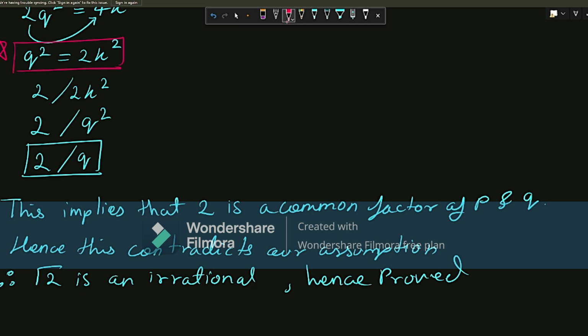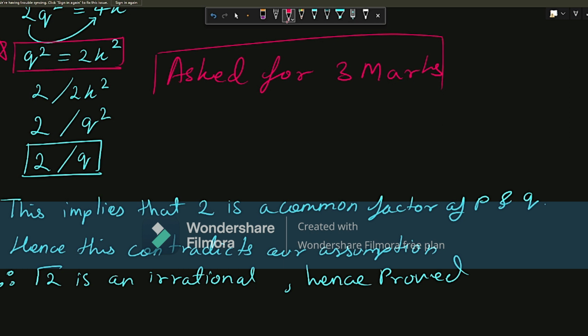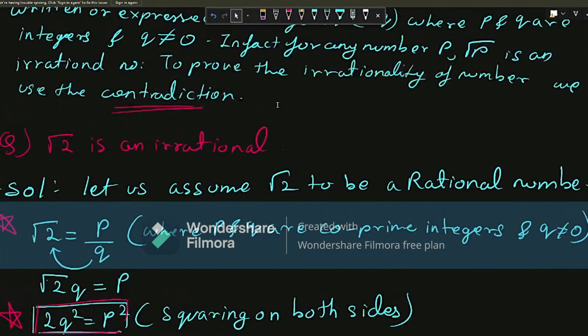Asked for 3 marks. Okay, remember this. And the question that I just took as an example is actually asked in the CBSE board exams.